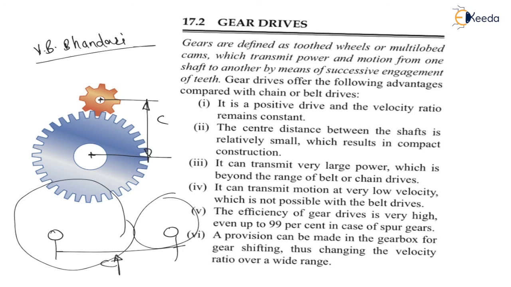So for such high center distances, let us say here one drive, here one, then we are using belt drives like this, or we are using chain drive. This may be a belt, or this may be a chain, right? Therefore, for long center distances, compulsorily we have to go for belt drive or chain drive, because manufacturing of such a large size of gear is costly and not feasible.